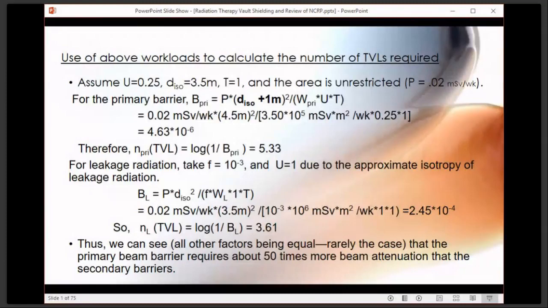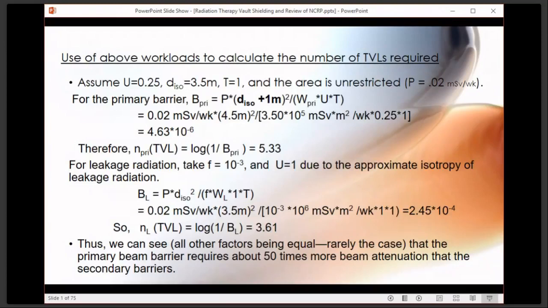We plug these into our primary barrier factor, and here I usually take the distance from isocenter to the location and add 1 meter from isocenter to the X-ray target. But we plug that in and we come up with 4.63 times 10 to the minus 6 as the required maximum barrier transmission factor. And take the log of that 1 over B, and that gives us a number of TVLs, which is 5.33 TVLs required.